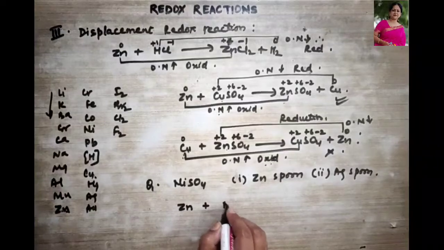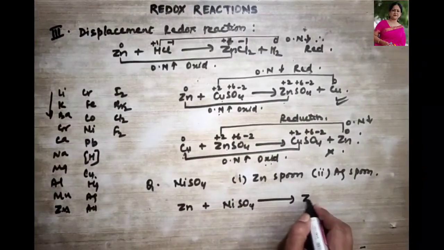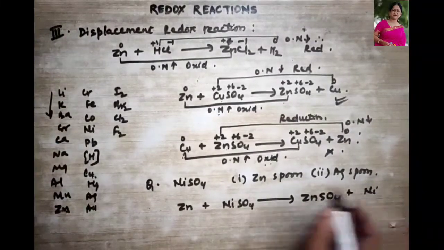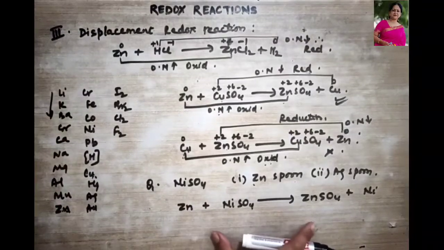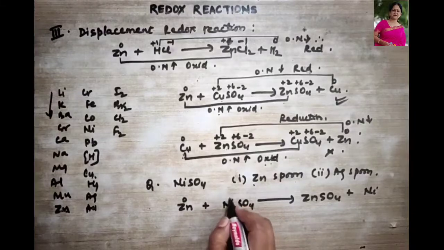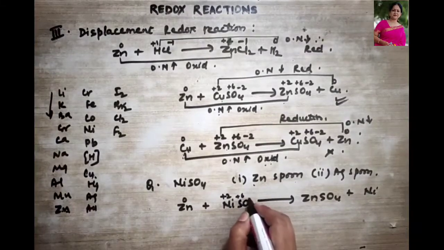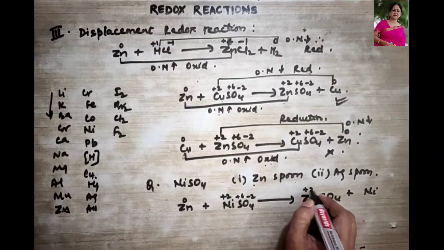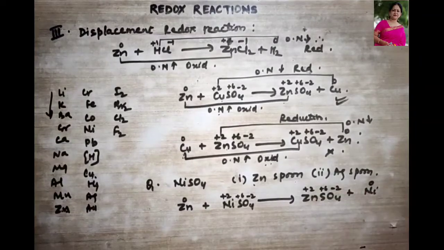Zinc plus nickel sulfate is going to give us zinc sulfate plus nickel. I am first using the zinc spoon. Let's see, can we use the zinc spoon? Over here this is 0, nickel is +2, sulfur is +6, oxygen is -2. Over here it is +2, +6, -2, and nickel is 0.